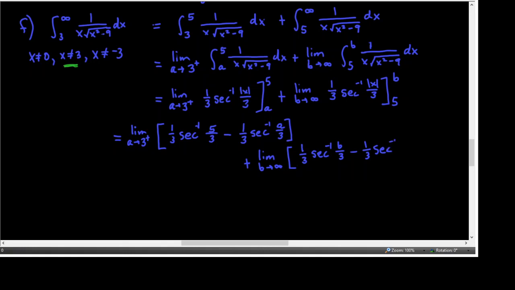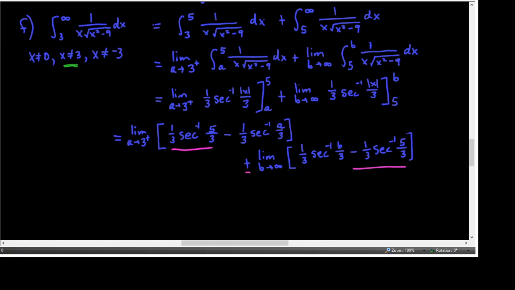Now, I want you to look at this and see if you can figure out why I said it doesn't matter where I stopped. I stopped at 5 and picked up again at 5, but I could have actually gone anywhere because no matter what number I picked, this is a constant and the limit of that constant will be the same constant, plus a negative of this exact same thing, and the limit of that constant will be that constant.